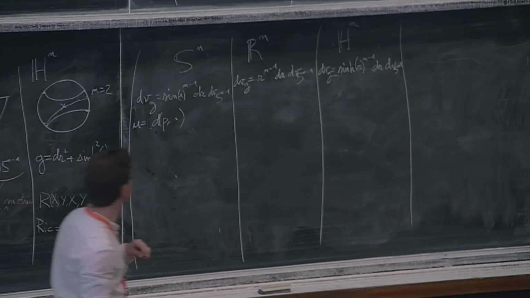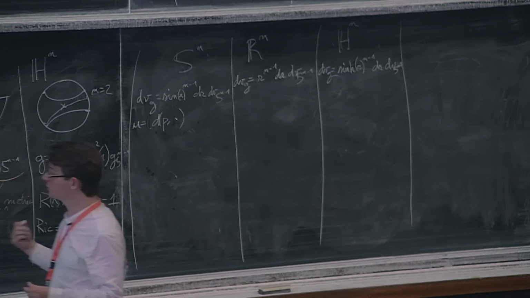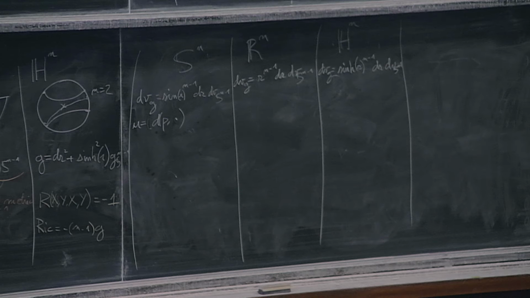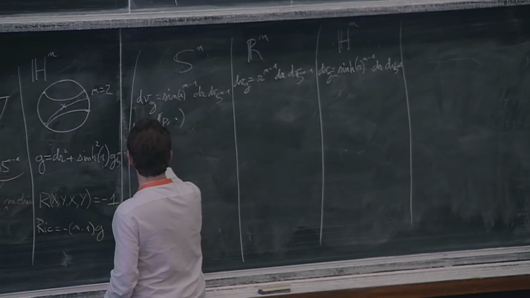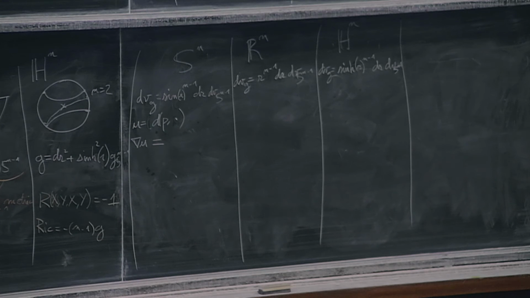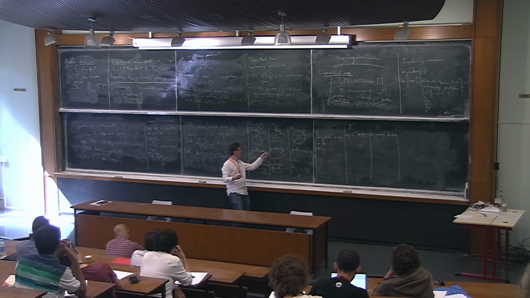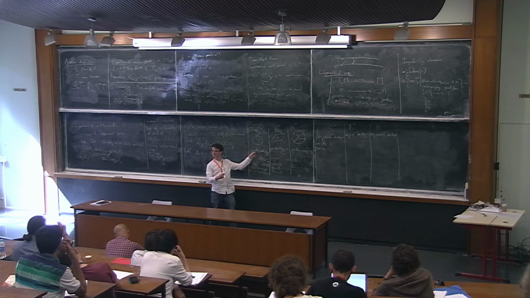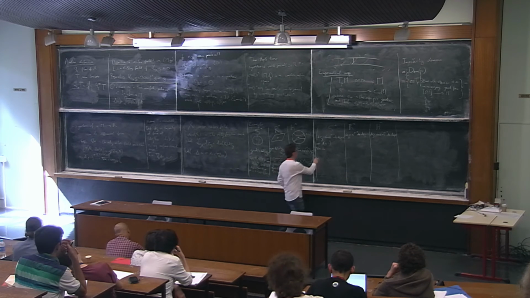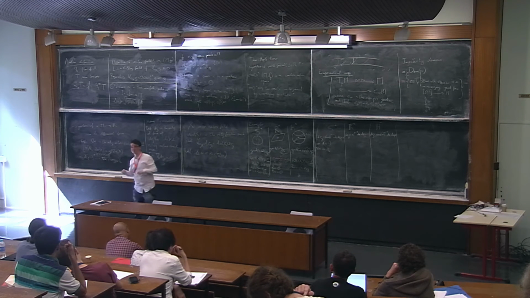The second argument here is my variable. So I want to compute the divergence of the gradient of u. Well, everything we do is coordinate independent, so we can compute that here, in the exponential coordinate chart, where the gradient of u is just this radial vector field.